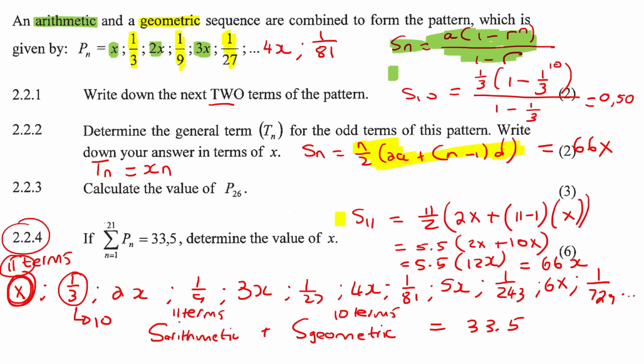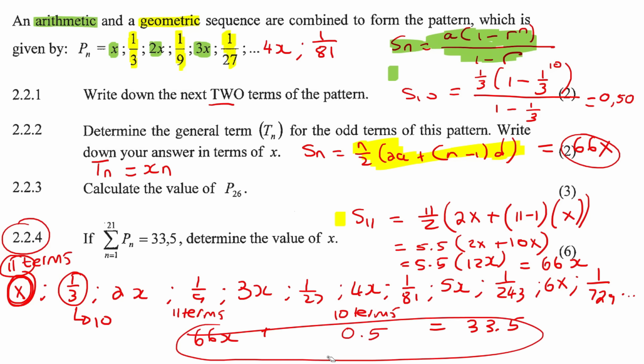Right, now we can come back to this little equation over here where we said that the two sequences added together must give us 33.5. So for the arithmetic, we got it as 66x. And for the geometric, we got it as 0.5. And look how simplified that is now.